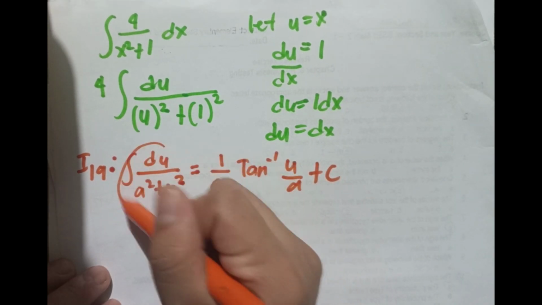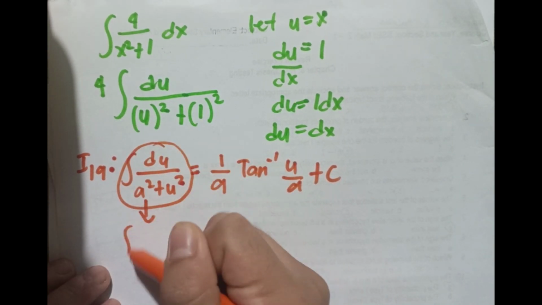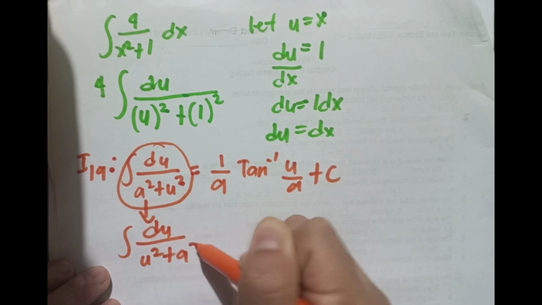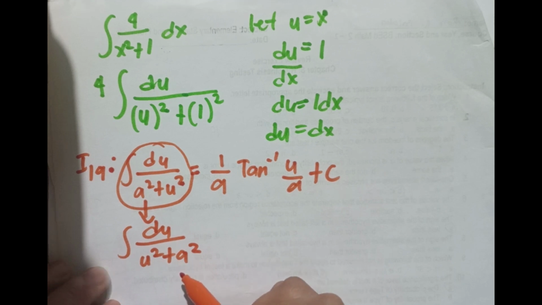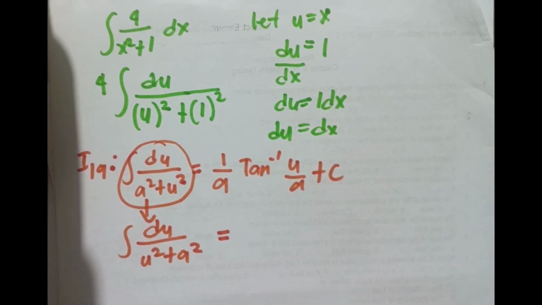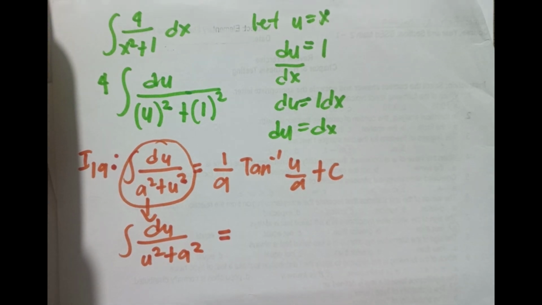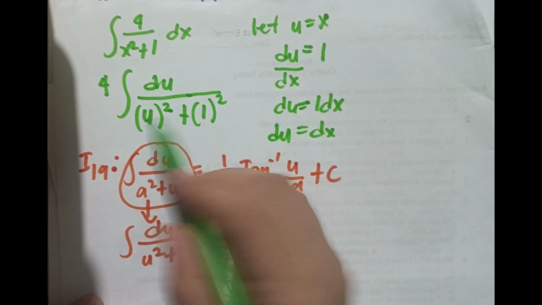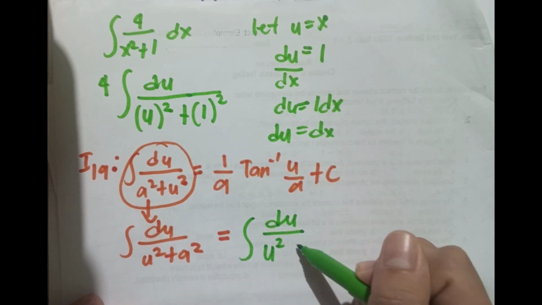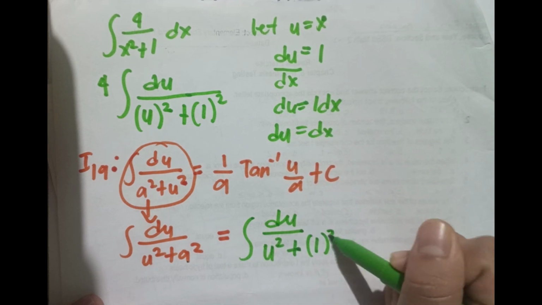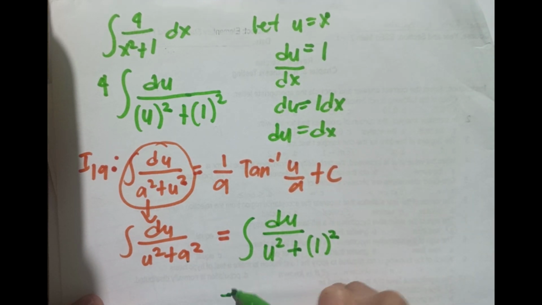This formula is just like the integral of du over u squared plus a squared, since the operation is addition, so you can use this property. Now let's substitute this into our formula: the integral of du over u squared plus a squared, where our a is 1, so 1 squared.